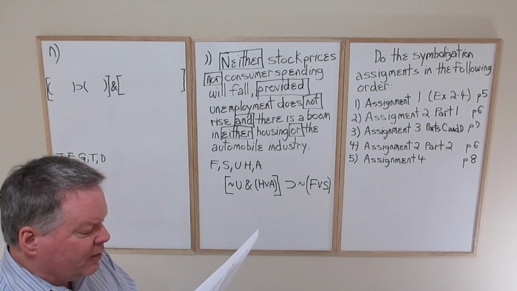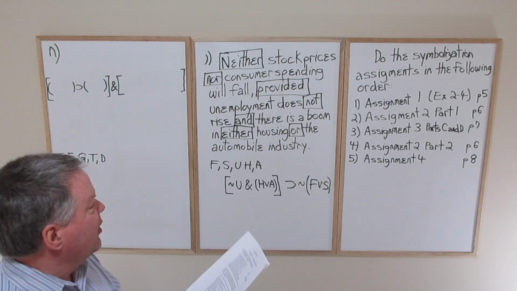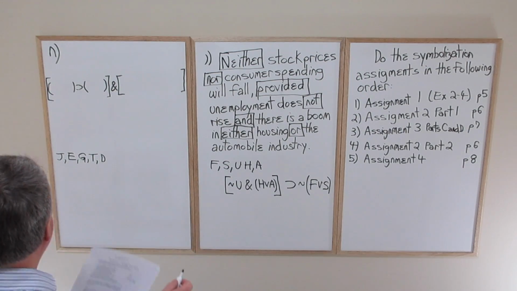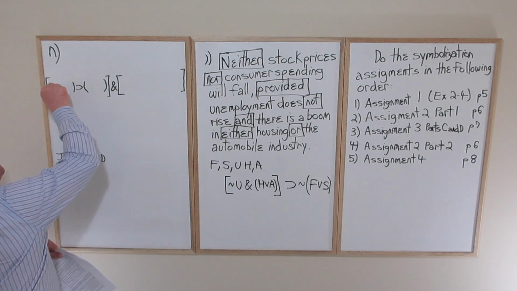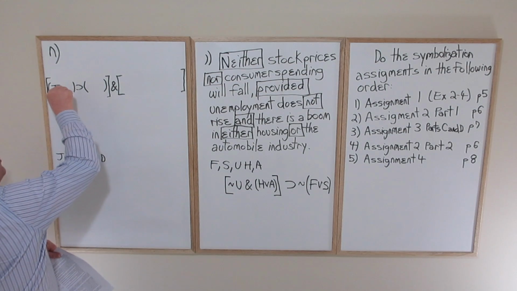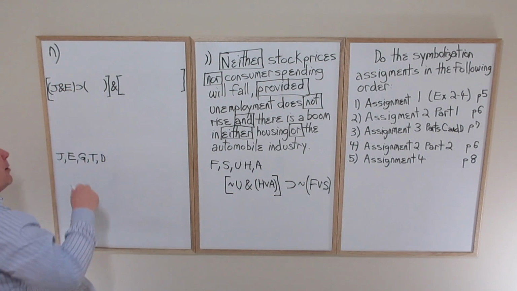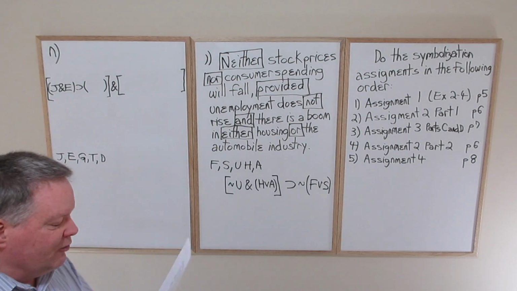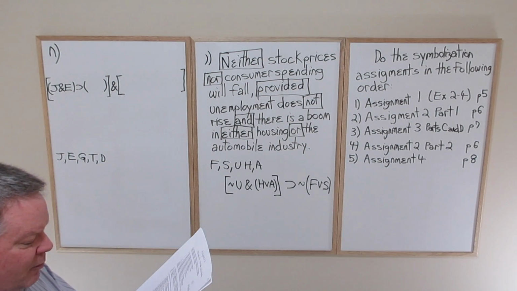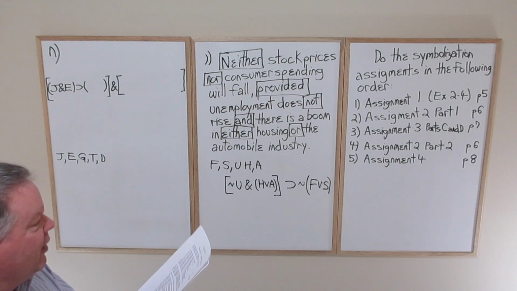More jobs will be created and the economy will improve, which is just going to be J, more jobs will be created, or are created. Temporal indicators aren't logically significant. And the economy improves.